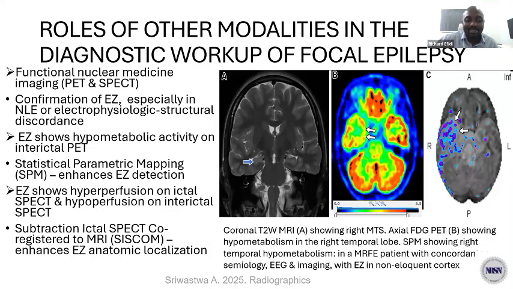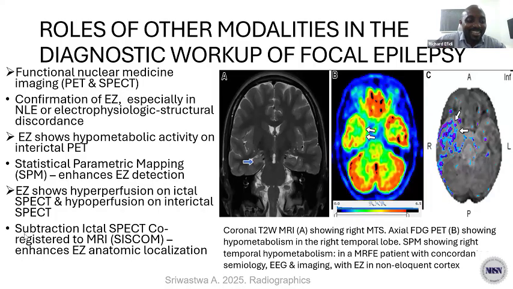Now, for SPECT, we can have ictal SPECT and interictal SPECT. We have ictal SPECT during seizure because SPECT has a high temporal resolution. It can capture the seizure activity almost in real time. So during seizure, the epileptogenic zone shows up as hyperperfusion on SPECT, and when there is no seizure, that is interictal, the epileptogenic zone shows up as hypoperfusion.